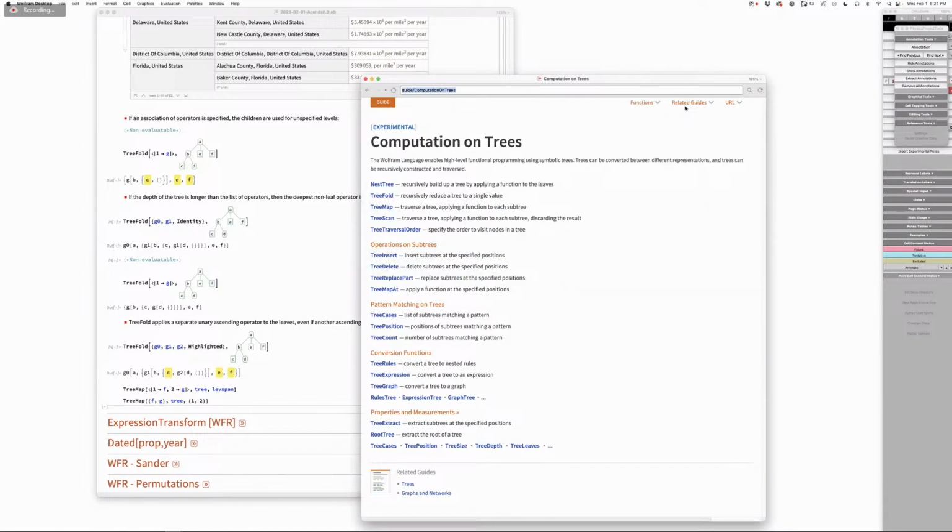Actually, I think the level spec is independent of the function. I think it makes sense to have a list or an association with any level spec. I guess if you use the association and you say levels 1 and 2, but then the level spec is level 3, you're just applying the identity because you didn't specify an operator for that level.